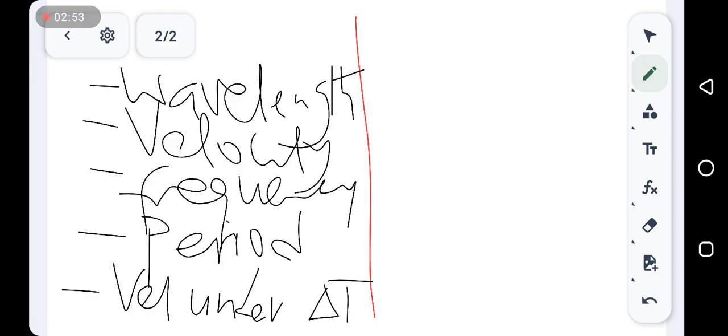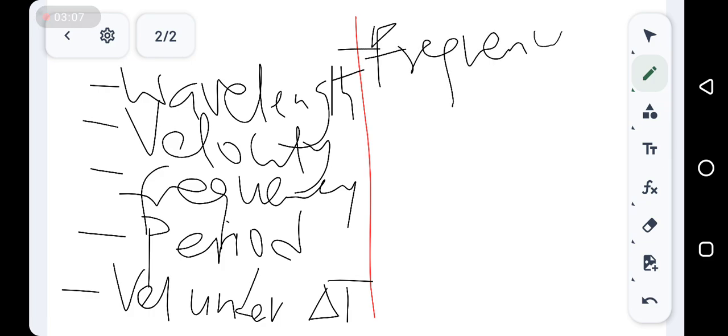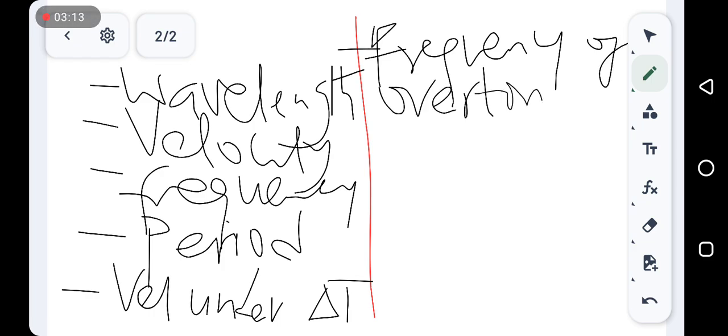Then we also look at frequency of overtone. When you are asked to find the frequency of an overtone or the frequency of a certain position in an overtone, how do you calculate it? We'll get a past question involving this kind of calculation and we'll try to solve it.